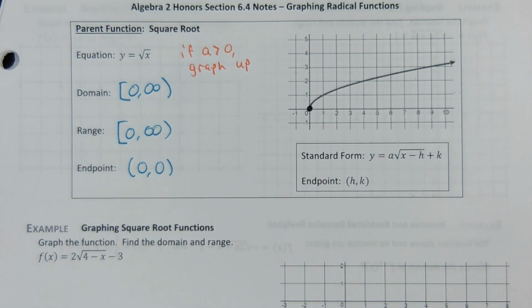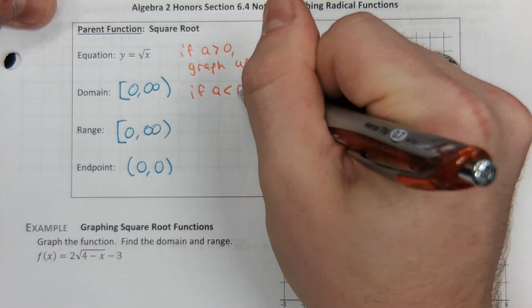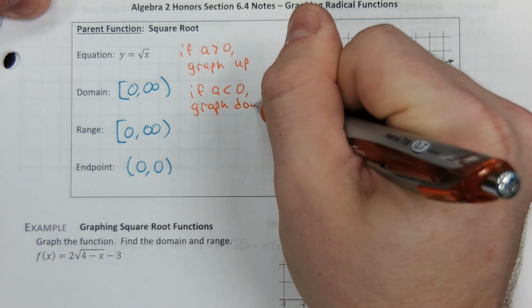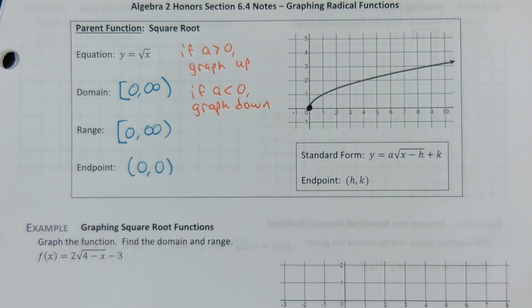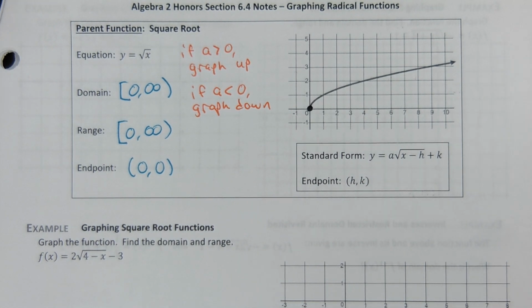So as long as you haven't turned it upside down with a negative on the front, it's still going to go up. Of course, if that front number is negative, then the graph will go down instead of up. The graph is supposed to go to the right, where the positive x's are.